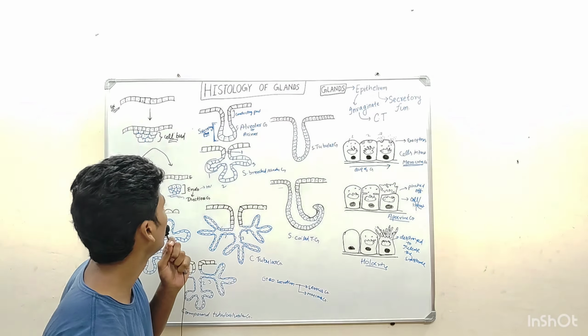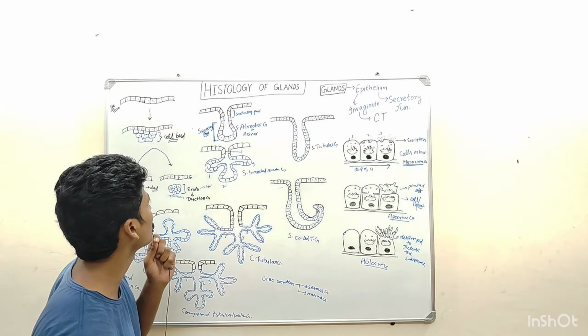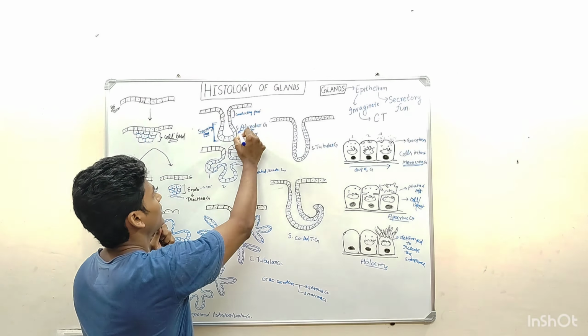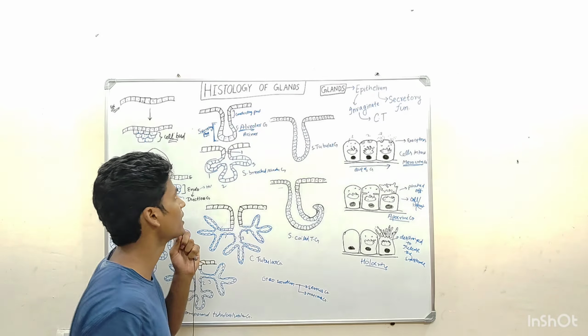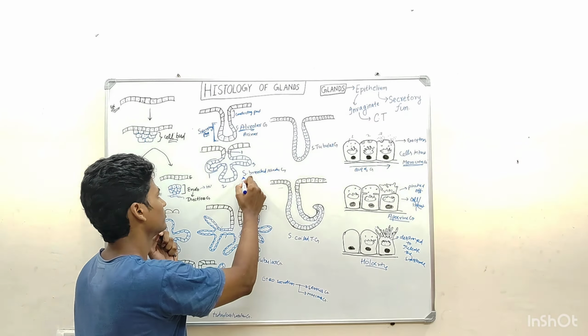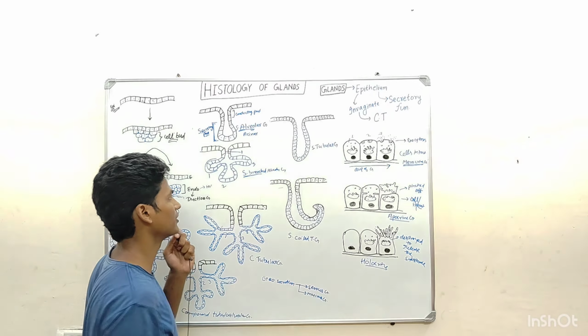And if we talk about the examples, generally the simple alveolar gland is not seen in adults. Actually it is a part of development into the simple branched alveolar gland.